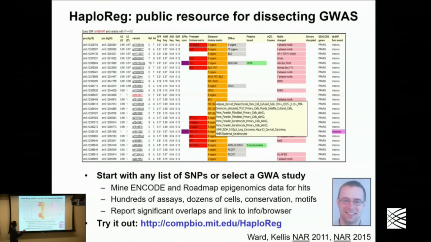What are the open chromatin regions that it overlaps with? What are the proteins that are bound there based on ChIP-seq, chromatin immunoprecipitation followed by sequencing? What are the regulatory motifs that are specifically altered by this mutation? So the C to T mutation is altering this particular motif, and what are the genes that are nearby? Okay? Everybody with me here?